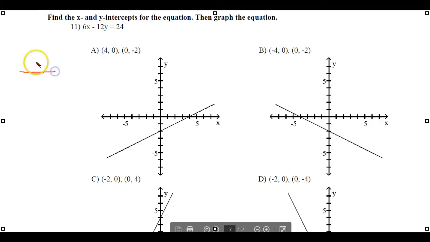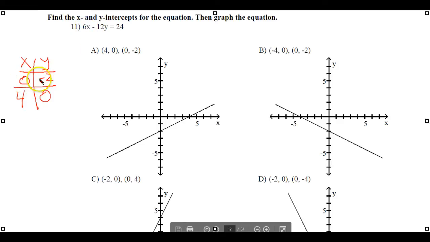Now in this next one, they're asked to find the x and y-intercepts. So a little t-chart. X and y-intercepts. So if x is 0, this is 0, we're going to divide both sides by -12. We get y equals -2. And if y is 0, this is 0, divide both sides by 6, this is 4.